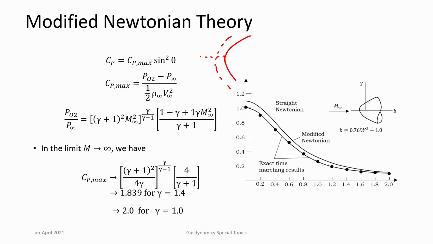So this is plotted. Cp max can be found out from normal shock relations, because at the stagnation point it is a normal shock.